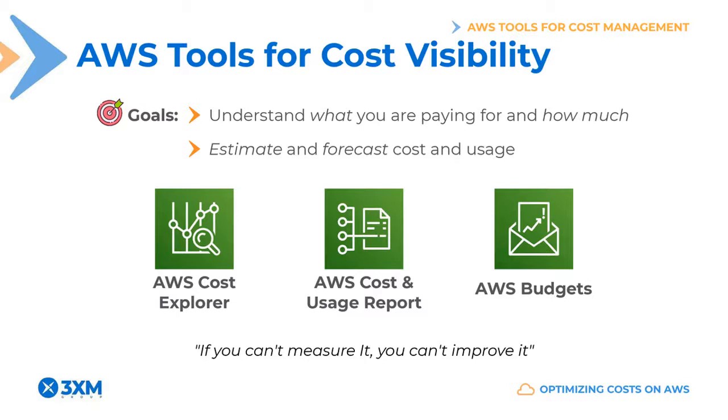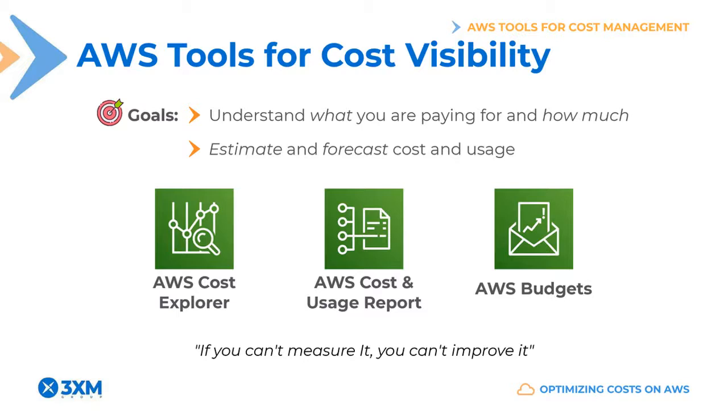Luckily, there are AWS native tools with which you can analyze spend and usage data, estimate future AWS cost and usage, receive notifications when you exceed spend thresholds, and so on. There are more tools, but take note of the following three. Now, AWS Cost Explorer is a simple report generator that lets you visualize your costs and your usage over time.